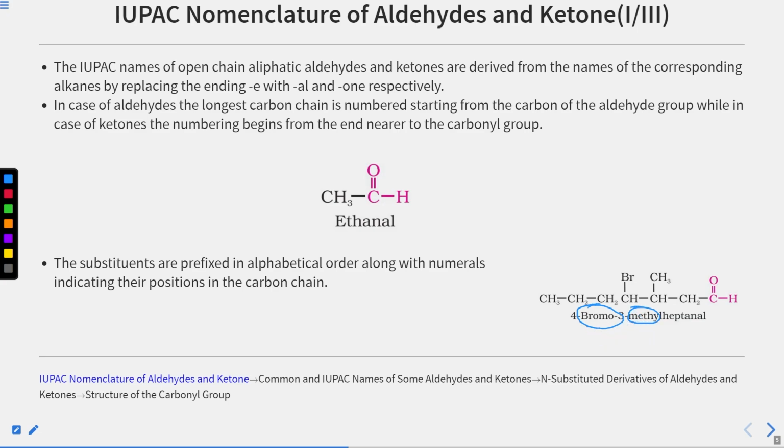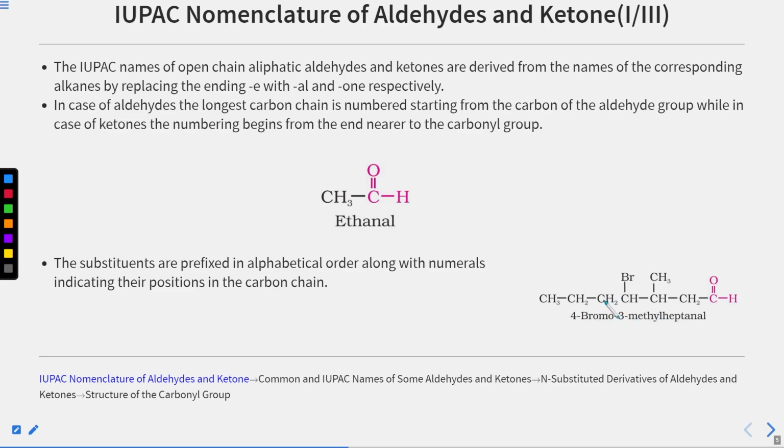Bromo starts with the letter B and methyl starts with the letter M. So we know it very well from the alphabetical order A, B, C, D that B comes first. Then after that M comes. So therefore we will first keep this bromo and then our methyl.